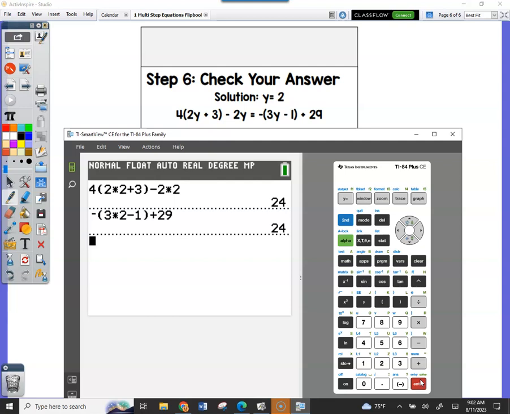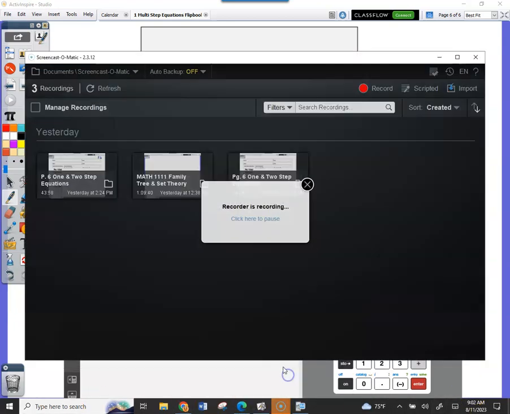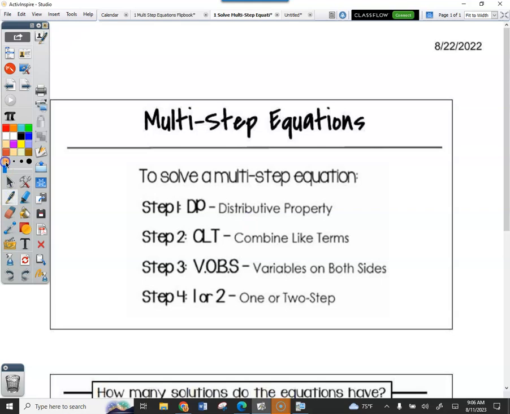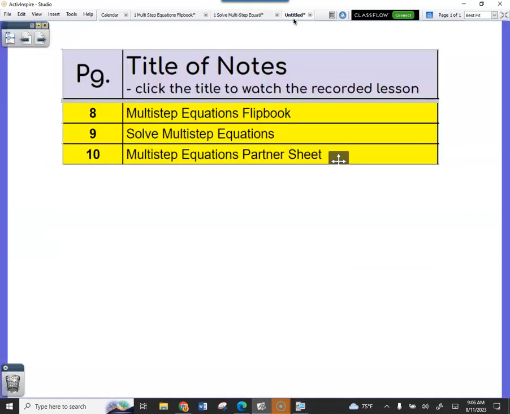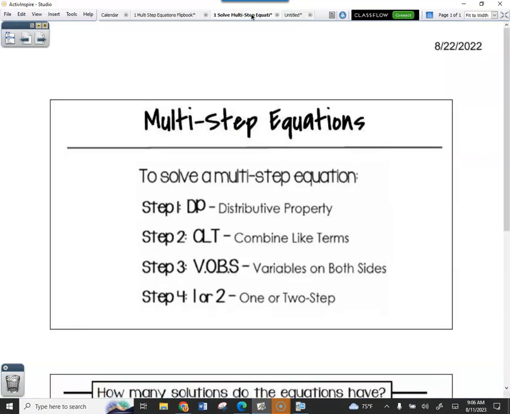Put an 8 in the top right corner of that Flipbook. And then the paper that I just passed to you that says multi-step equations is going to be 9. So we just updated our table of contents. We said that this new sheet is page 9. So put page 9 on this.